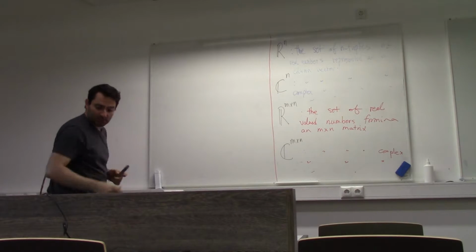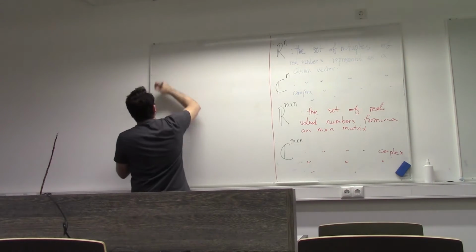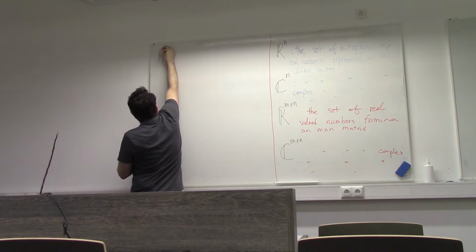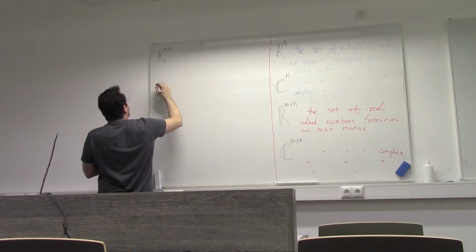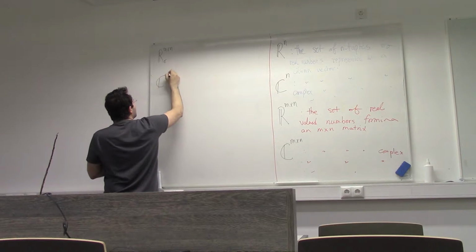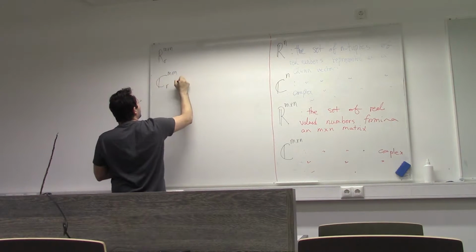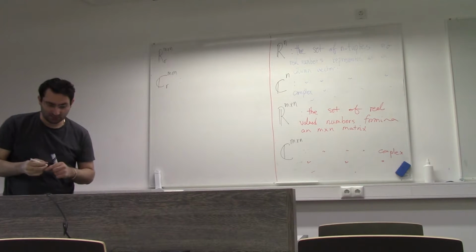The first one is R^(m by n) with subscript r, and C^(m by n) with subscript r. Do you remember this one?